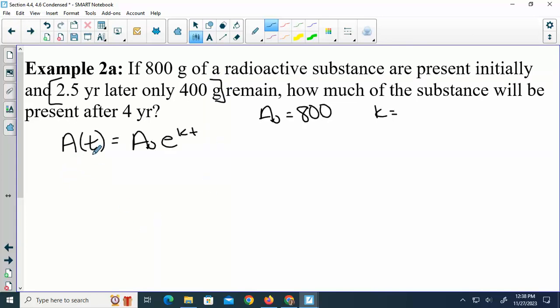So my amount at that time was 400. Here I said A sub 0 is 800. And that was at the point when my t was 2.5. Okay, so I could divide by my 800.